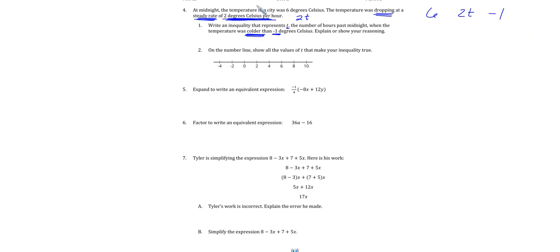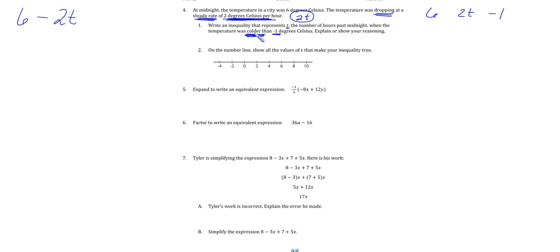Whenever I'm given a story like this, I like to start at the beginning and add, subtract, multiply, whatever I need to do to get to the end. This story starts with 6, so I'm going to start with 6. Then it says the temperature's dropping. I can represent a drop with a subtraction. It's dropping at a rate of 2 degrees per hour, which I already know is 2t. And then it's going to end up being colder.